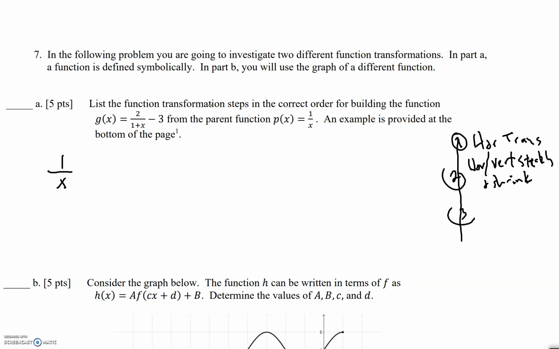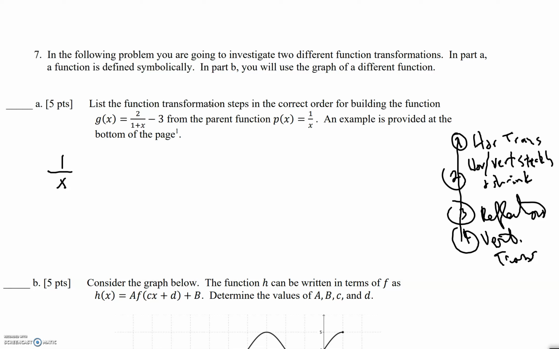Then we do reflections. And then we do vertical translations. Okay, so that's the order of events here. So keep that in mind as we're doing this.